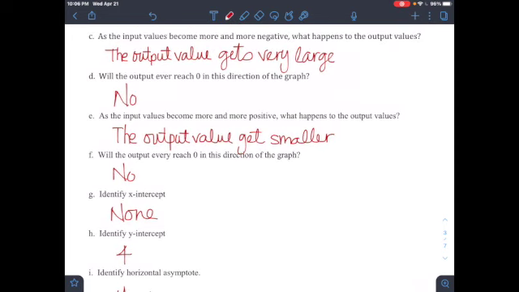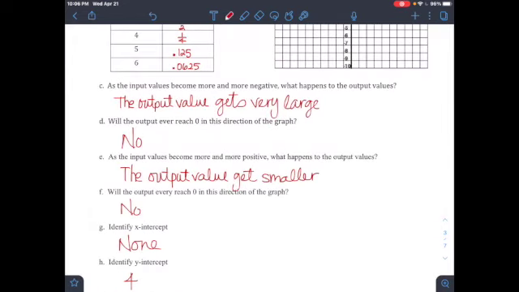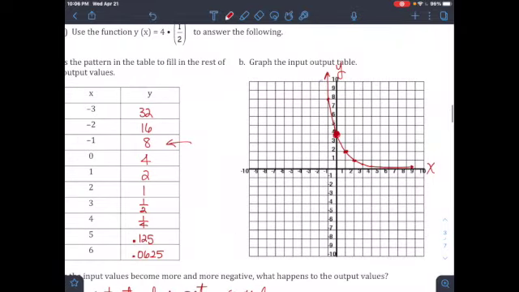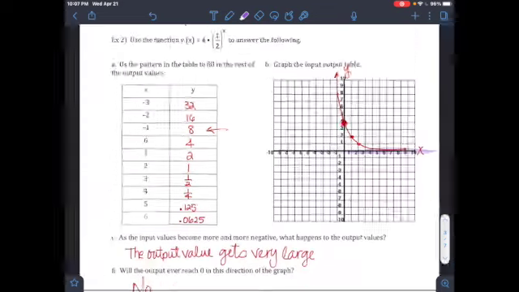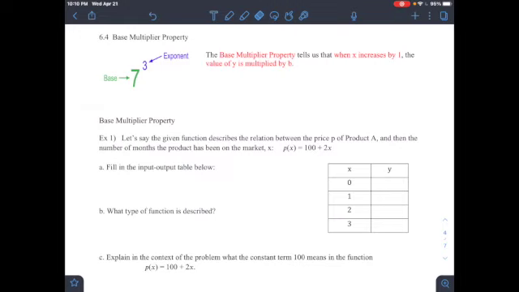That's 4. Identify horizontal asymptote. A horizontal asymptote is the line that the graph will be approaching but will never touch. Well, in this case, it will be this line right here. It will approach this line, but it will never touch it, and that line again is y equals 0.